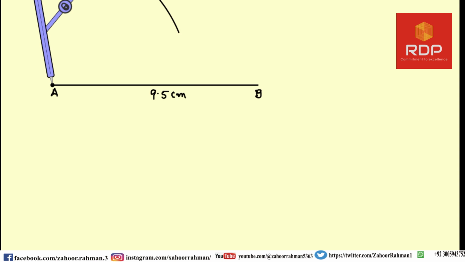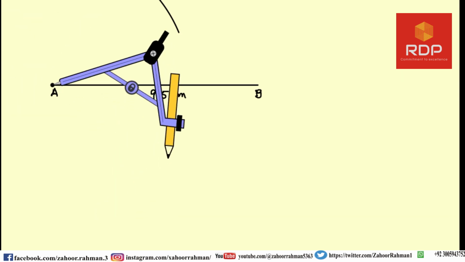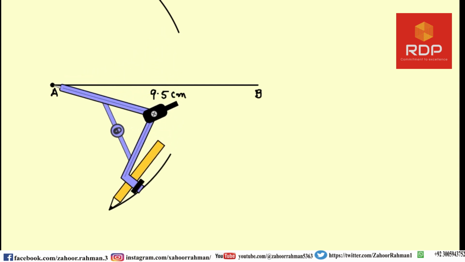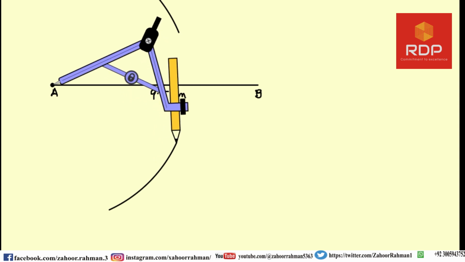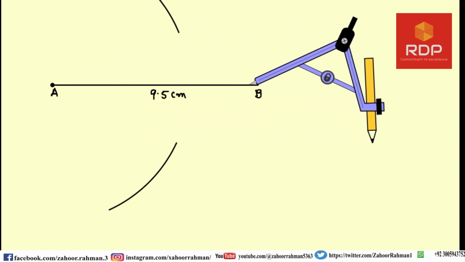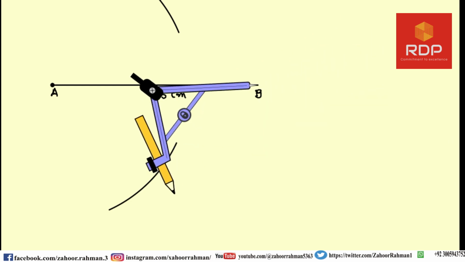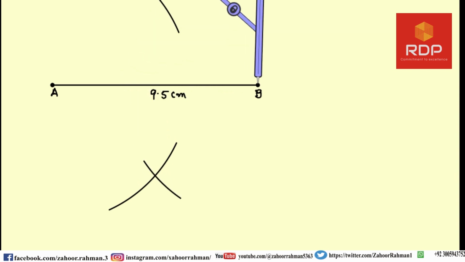Then you come down here and draw another arc of this size. Now put the tip on point B and draw another arc here. Similarly, draw another arc at this position.